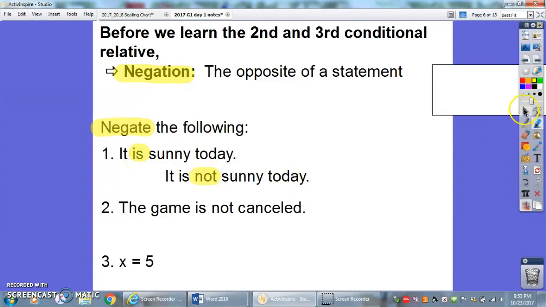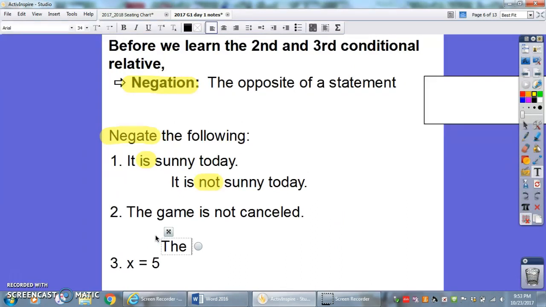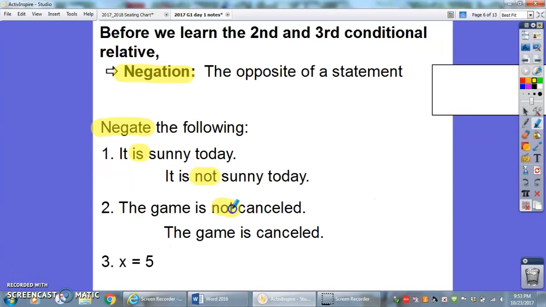For number 2, it's already a not: the game is not canceled. To negate this, I would just say the game is canceled. I'm just going to remove the not in that one. So it's negated, it's the opposite. The last one is an equation. The only thing you want to worry about when you are negating an equation is the equal sign.